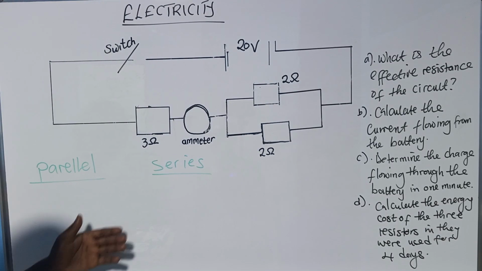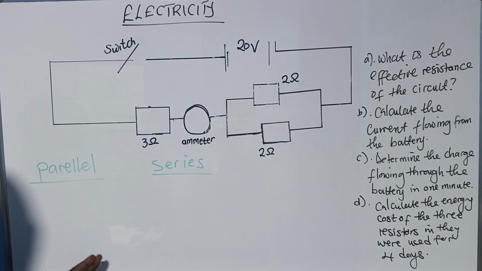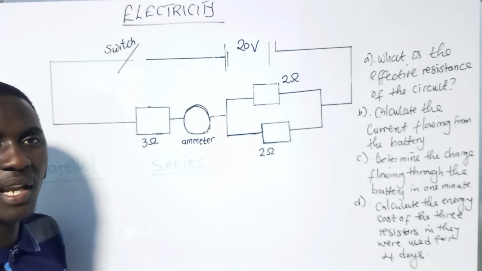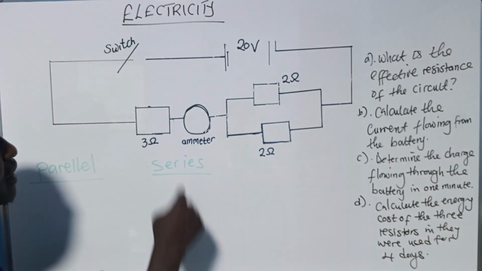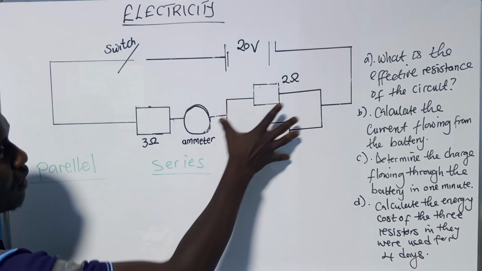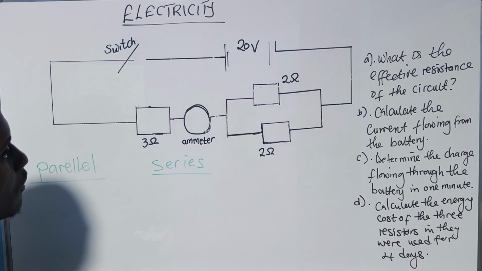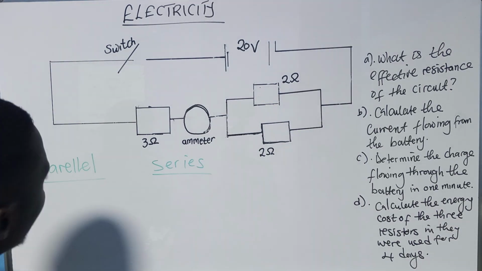I'm going to show you the things that we need to take note of when you are dealing with the series circuit and when you are dealing with the parallel. Your circuit can either be in series or in parallel, or they can combine both. For example, whatever you have seen there is a combination of series and parallel.